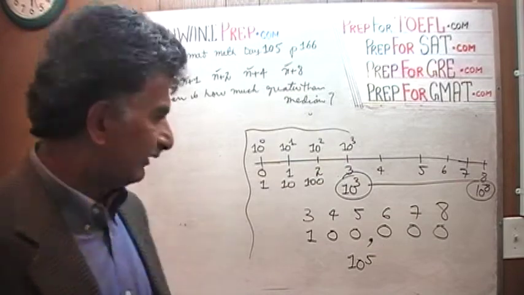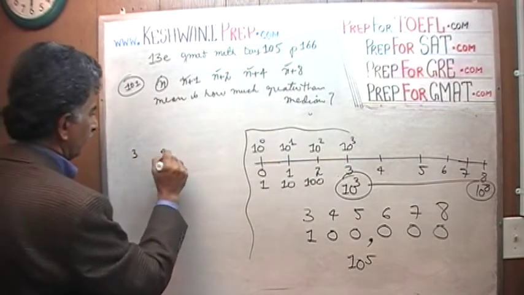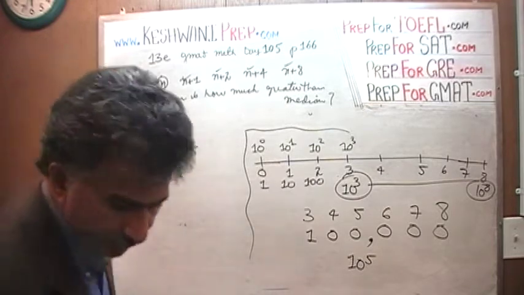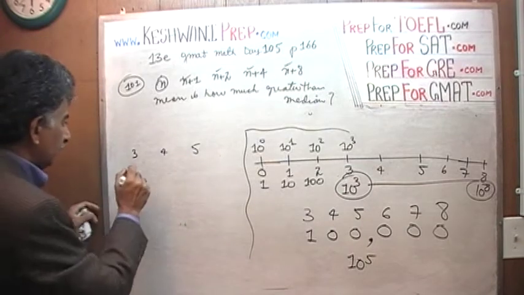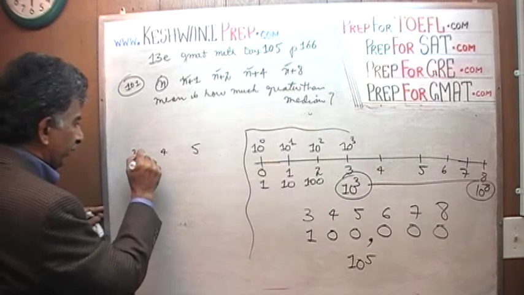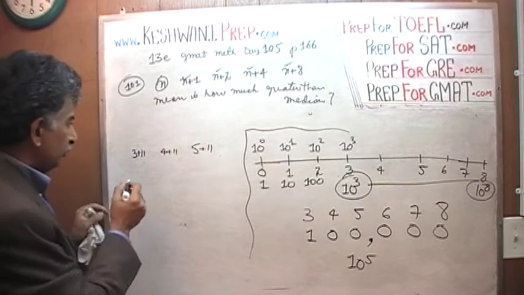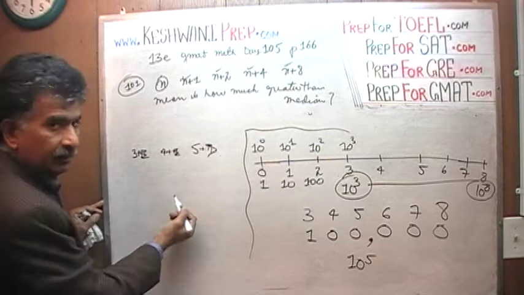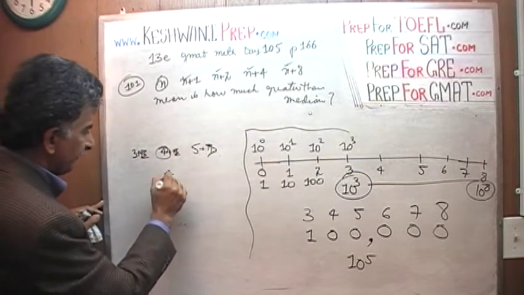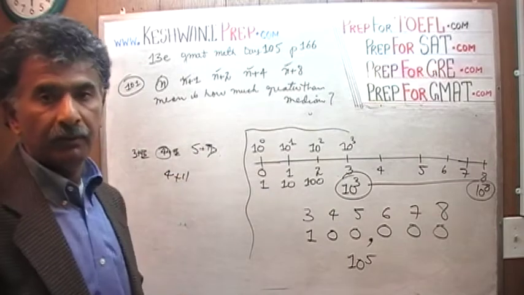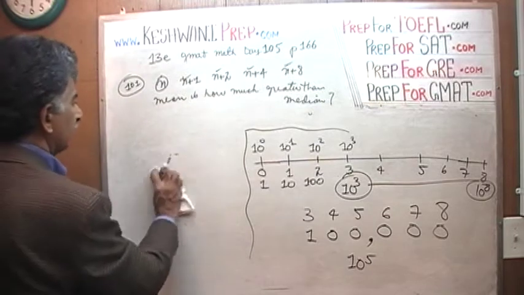For example, if somebody asks you the average of 3 plus 11, 4 plus 11, 5 plus 11, we don't have to pay attention to the 11 part. The average of 3, 4 and 5 is 4, so the average is just 4 plus 11, because 11 appears everywhere. N appears everywhere, so just ignore the n.